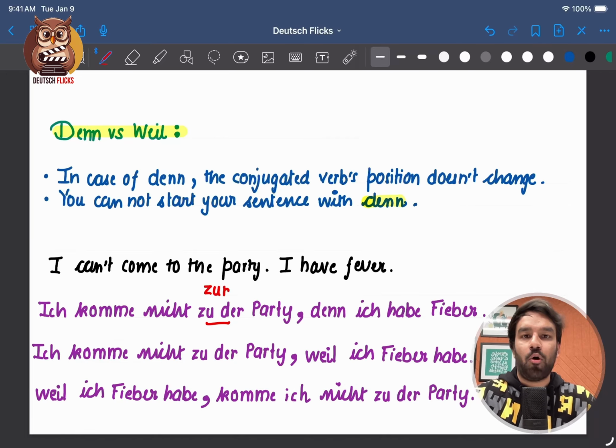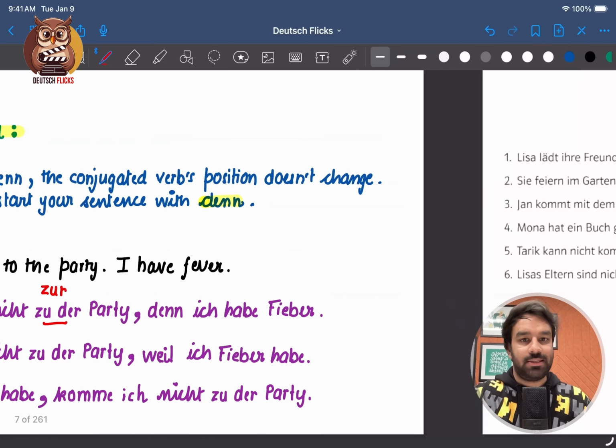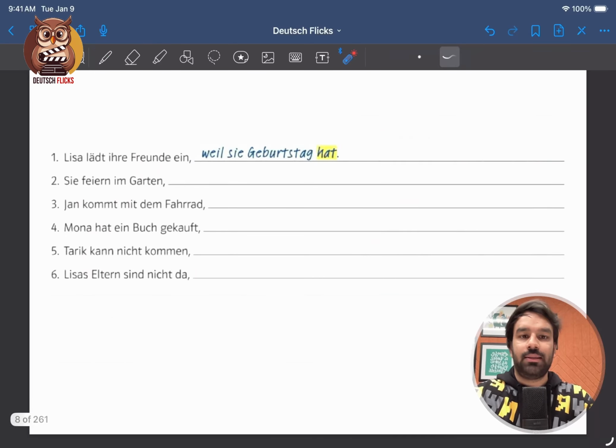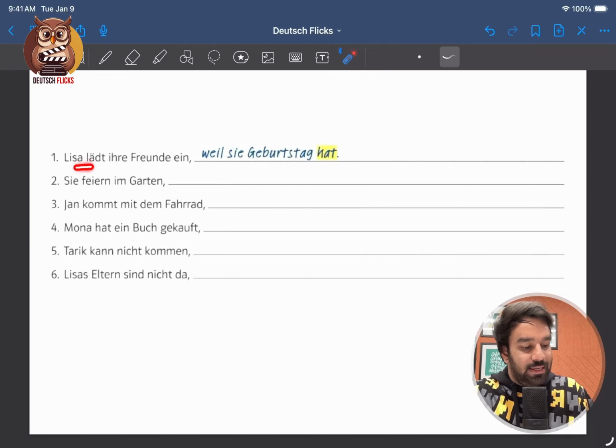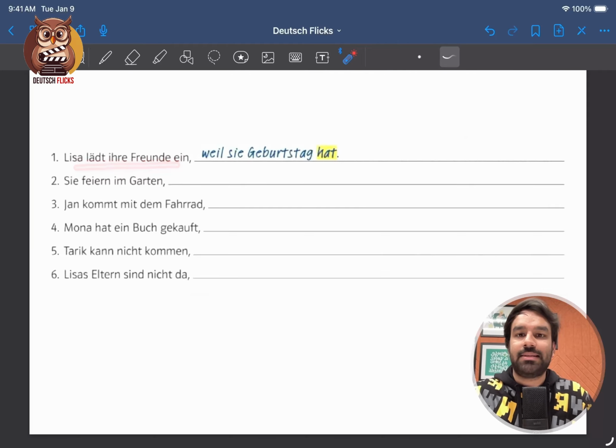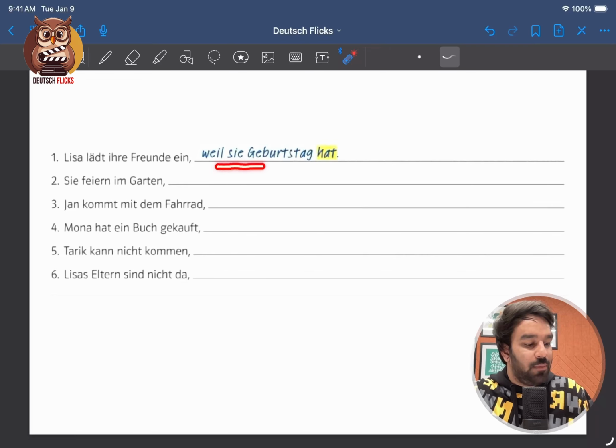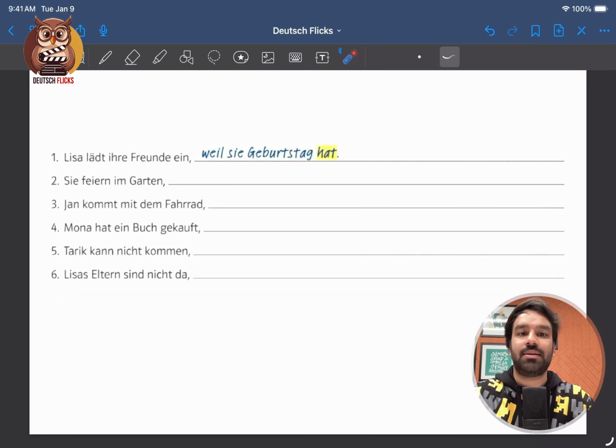Now if you need more practice of weil or denn, then I have one more exercise for you. In this particular exercise, you just have to complete the sentence. For example, Lisa lädt ihre Freunde ein. Lisa invites her friends. Now, why did she invite her friends? Weil sie Geburtstag hat, because she has a birthday.